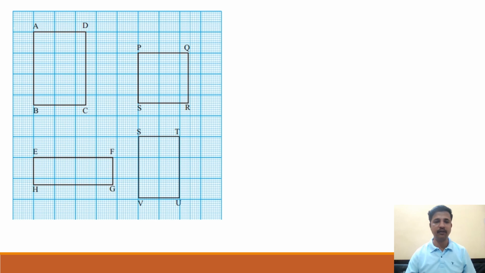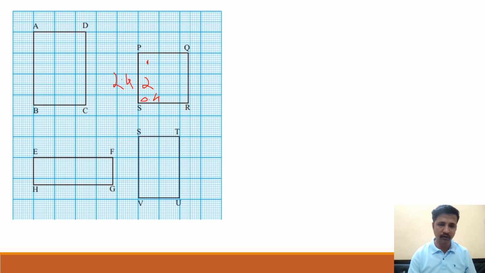PQRS बघा, PQRS काउंट करा. 1, this is 1, this is 2, आणि this is 4 लाइन को मतलब 0.4. Therefore, length is 2.4.